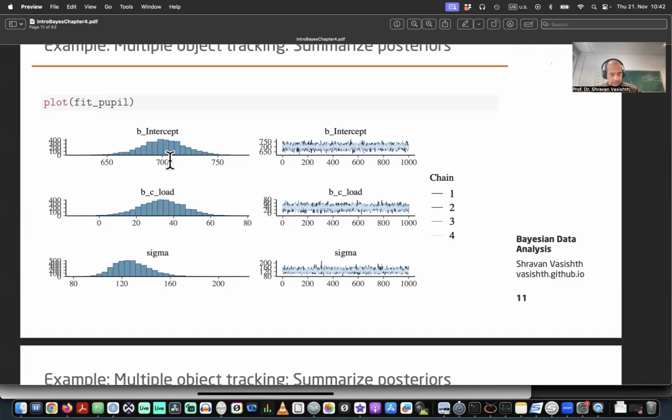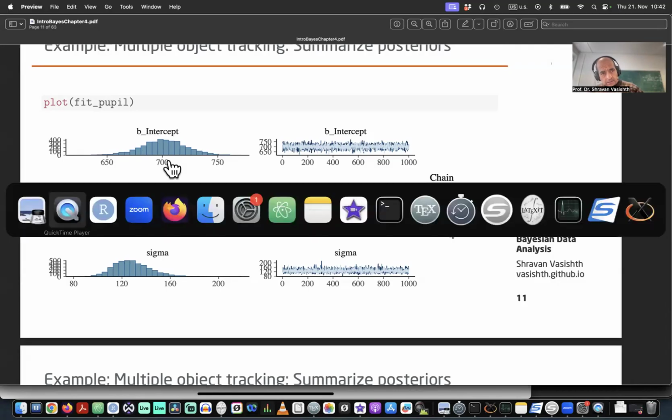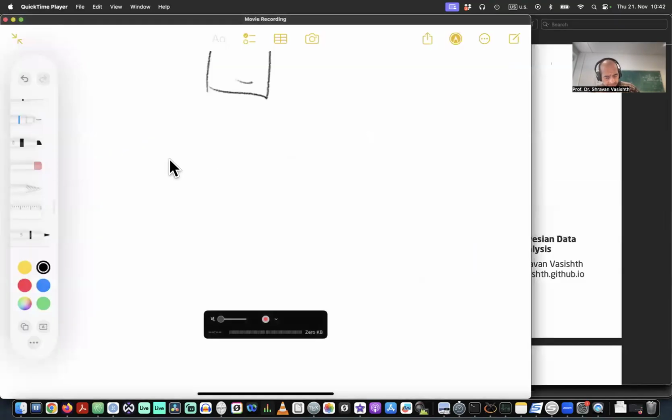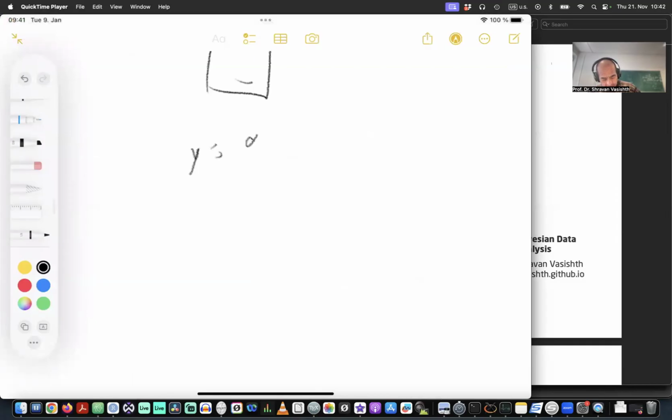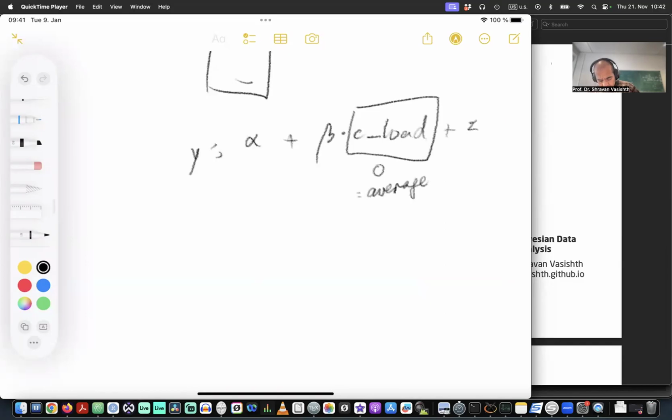What the intercept means is this: if I have beta times centered load, plus epsilon, then when centered load has the value 0, that means average load.